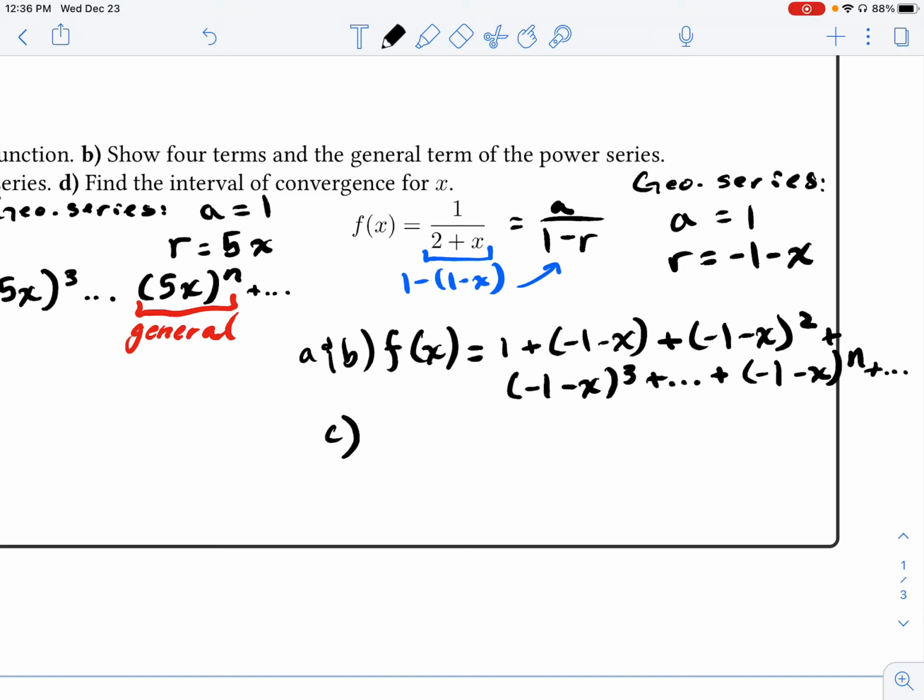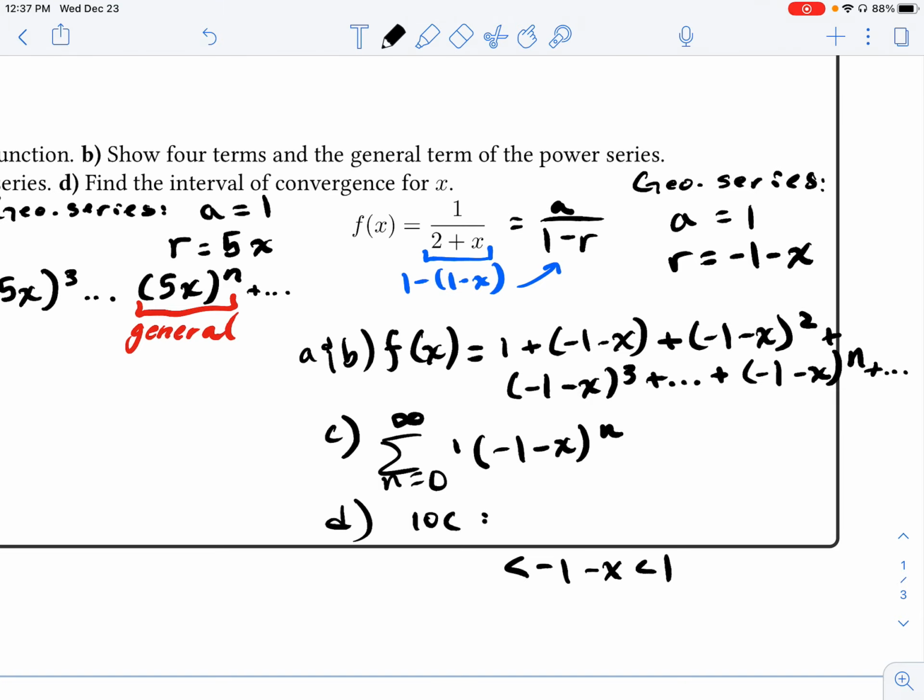Part C, we're going to write that now in summation notation or sigma notation, starting with n equal to 0 to infinity. Our first term is 1. Our common ratio is (negative 1 minus x) to the n. And then finally, for part D, our interval of convergence, we say when this is less than 1 and greater than negative 1. We should simplify this.